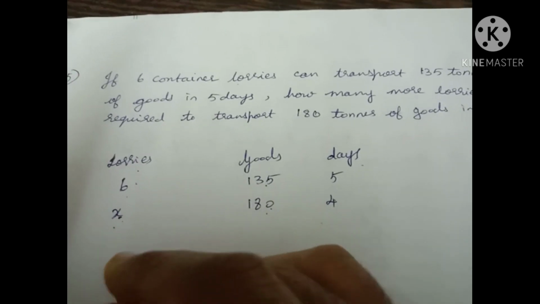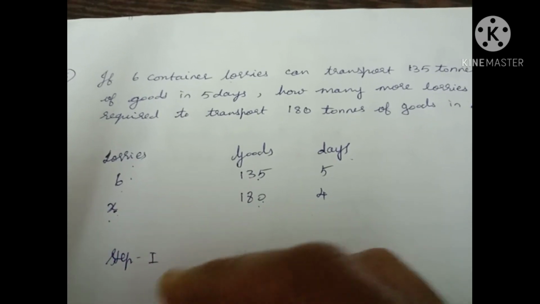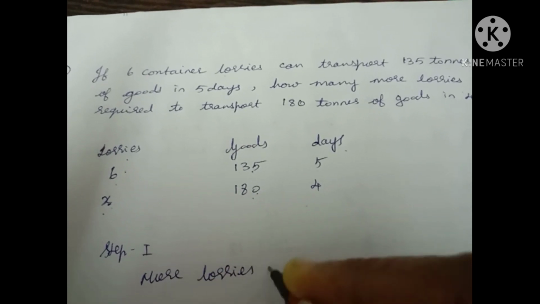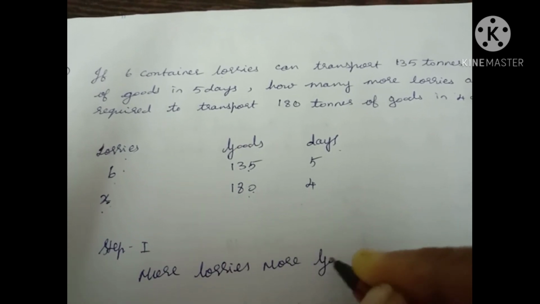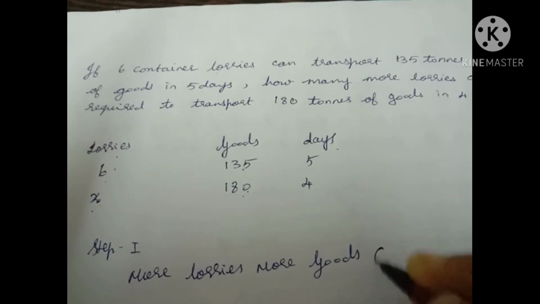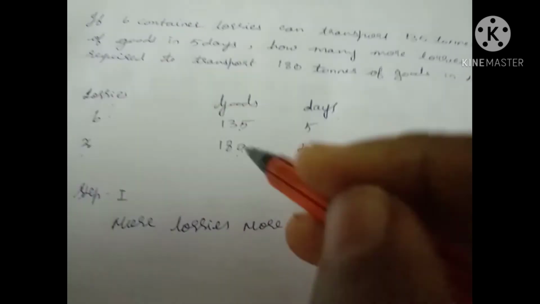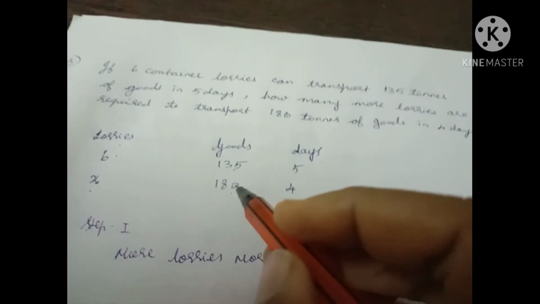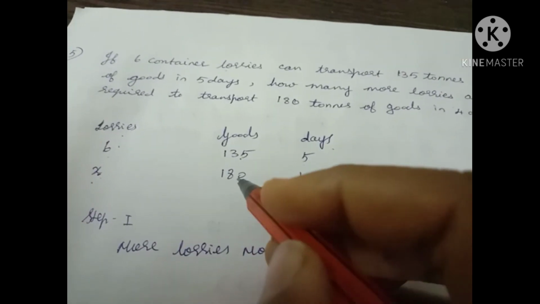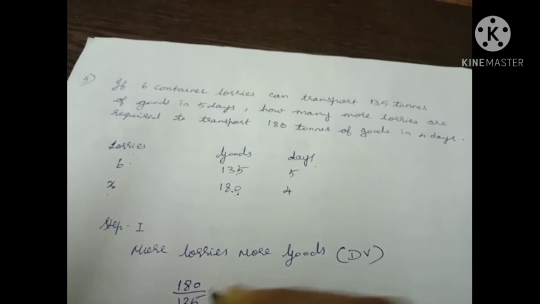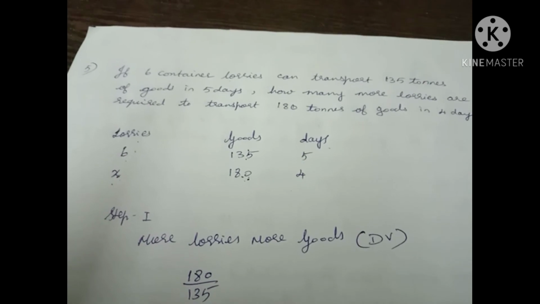Therefore your step 1: more lorries, more goods. Direct variation. Direct variation means for the multiplicative factor you have to take the reciprocal, that is 180 by 135. Next step 2.